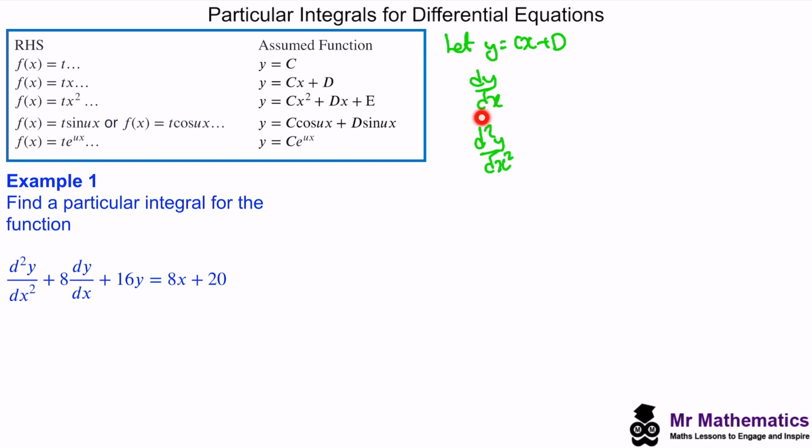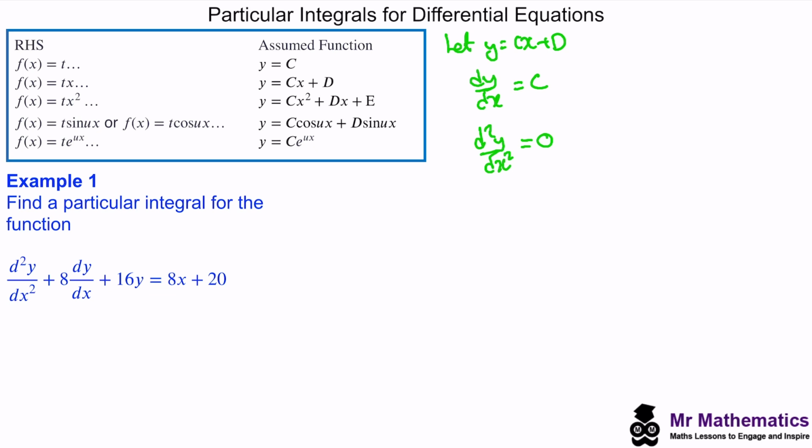So dy by dx, well, when we differentiate cx plus d, the constant term will go, so we're left with c. And when we differentiate this again, this constant term will go, so the second derivative will be equal to 0. So now we substitute each of these into this differential equation.